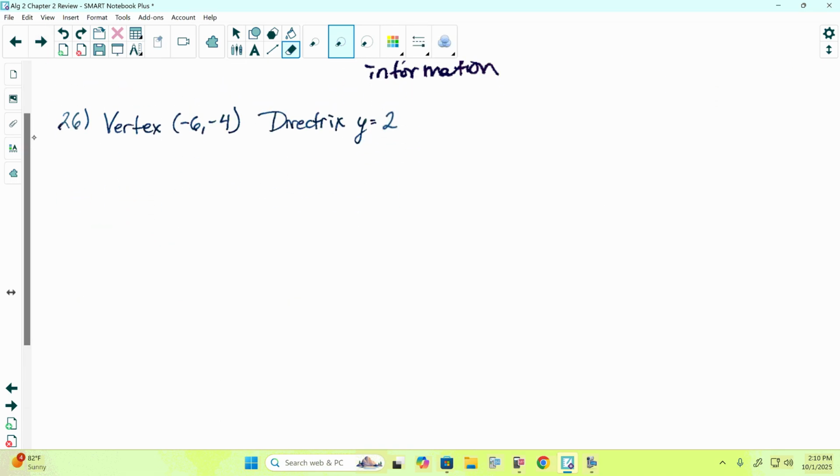Let's look at number 26. Vertex is still h and k. That's all the vertex is. Now, directrix, we have one of two equations, either x equals h minus p or y equals k minus p. It also tells us that this here is going to be the general form.